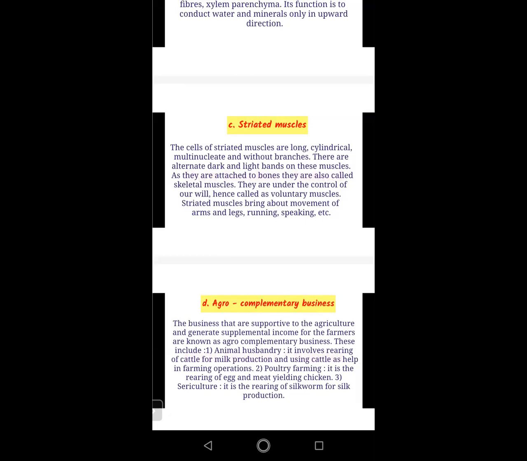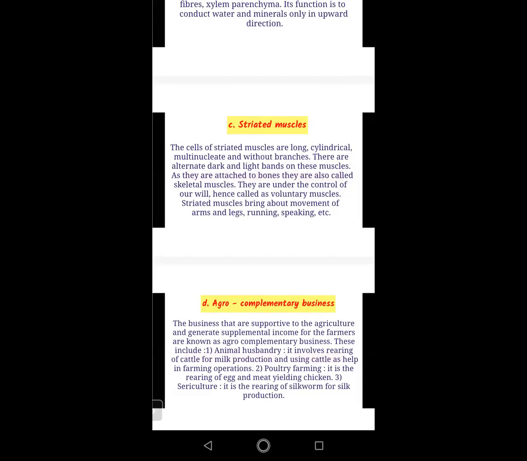As you know, our farmers are facing many troubles day by day. They are totally dependent on the cultivation of crops. That's why the government has motivated them to start such complementary businesses, which will help them economically and financially. That's why this business has started.